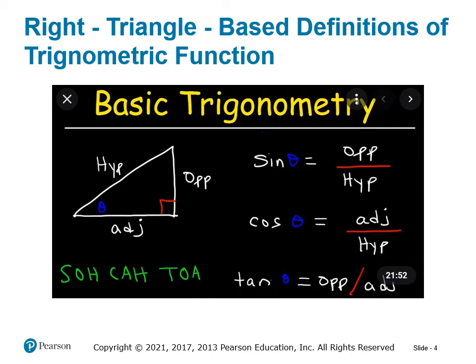So this leads to a very common acronym to remember the 3 main functions, and that is SOH CAH TOA. Sine is opposite over hypotenuse: S for sine, O for opposite, H for hypotenuse. CAH, cosine, adjacent over hypotenuse, and TOA, tangent, opposite over adjacent.